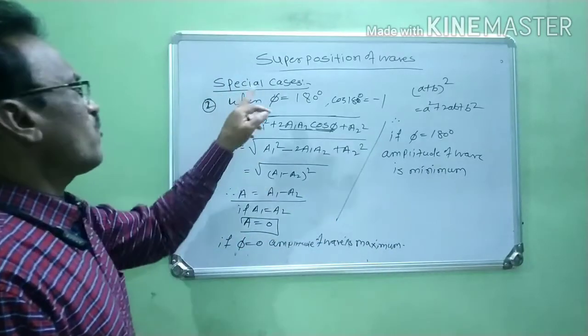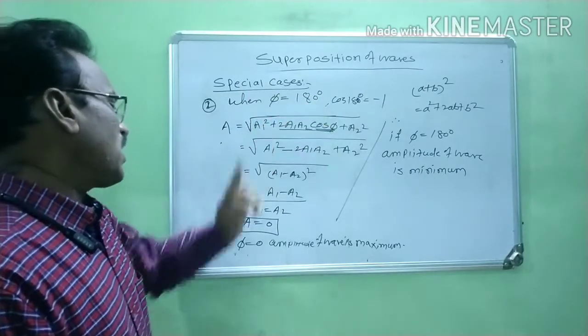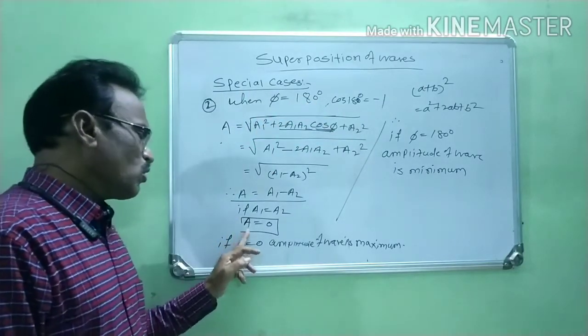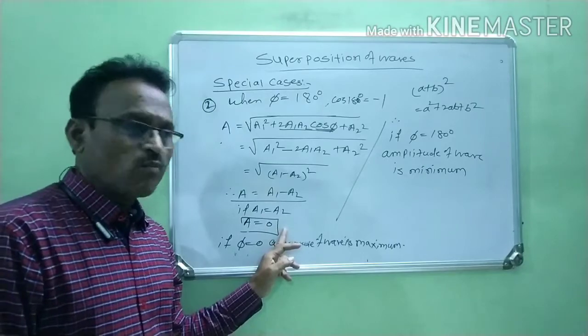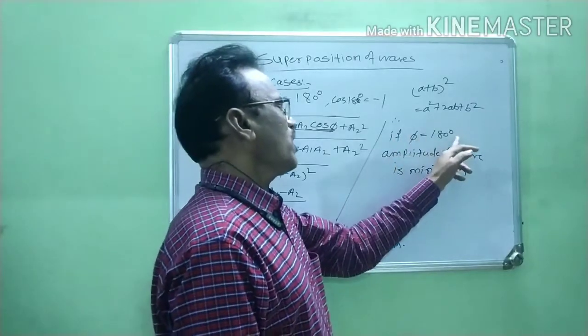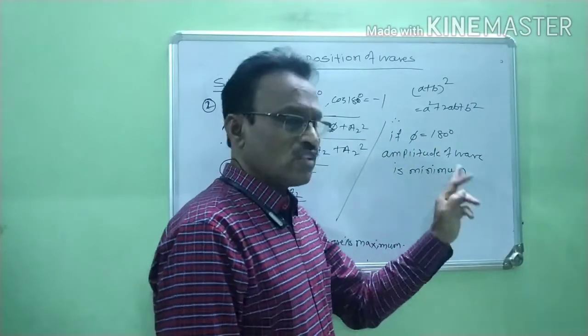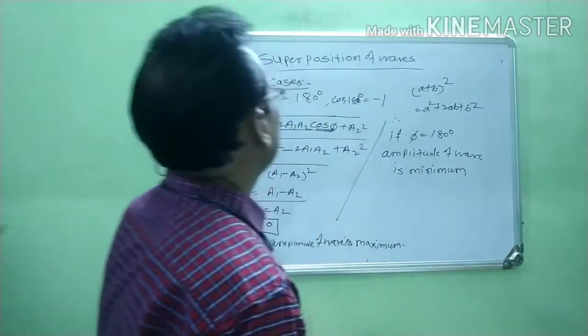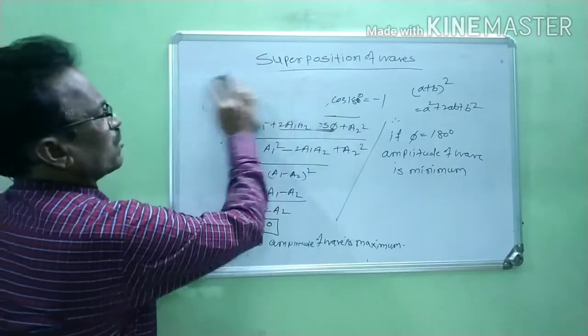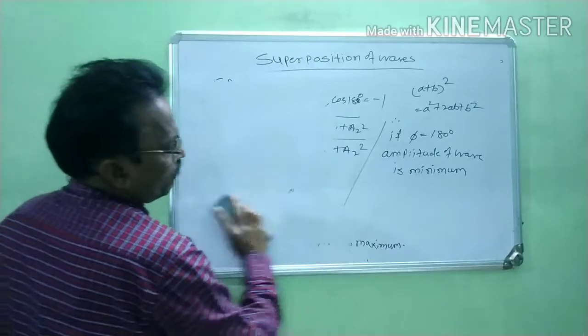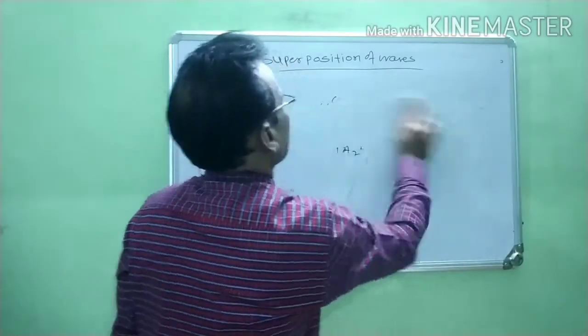But when this phase difference is 180 degrees, at that time its resultant amplitude is always equal to 0. Means when angle phi is 180 degrees, the amplitude of the wave is minimum, right? In this way we study the different cases, means the angle between two waves, right?